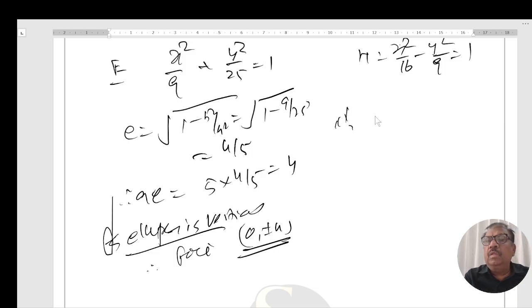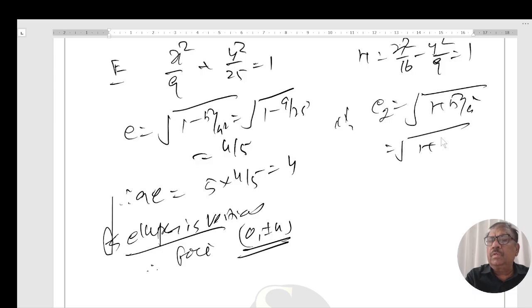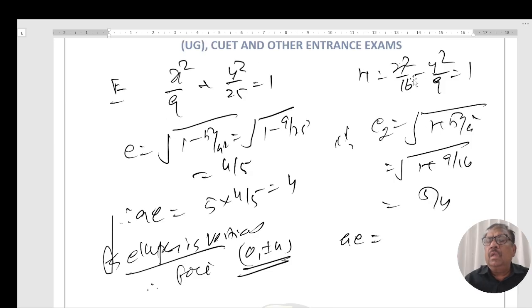Similarly, in this case, e2 will be under root 1 plus b square upon a square, that is under root 1 plus 9 upon 16, that is 5 by 4. a is 4, ae is 4 into 5/4, that is 5. Therefore, foci will be plus minus 5, 0.